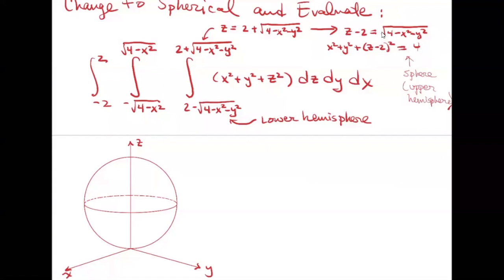The radius of the sphere is 2, and the center is at 0, 0, 2. So here's a 2, and the radius is 2. So now I'll just draw that out like that. So that's a length of 2 there.